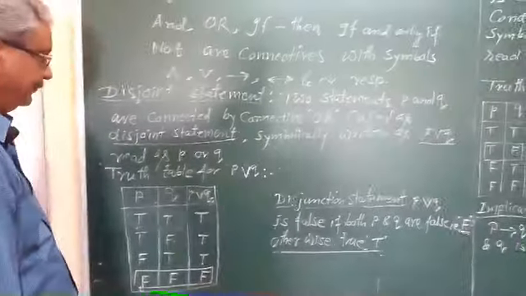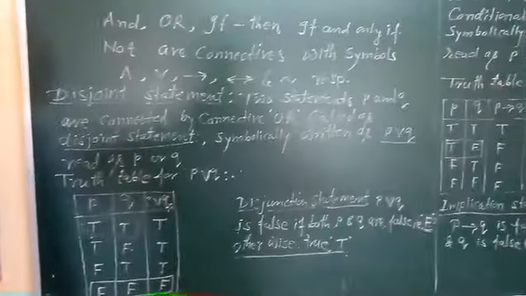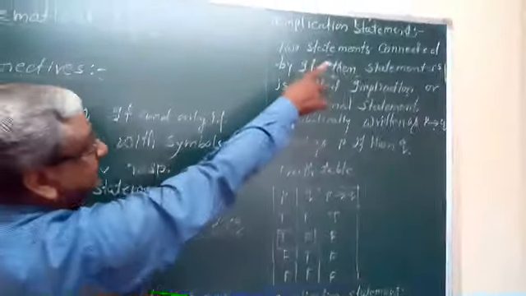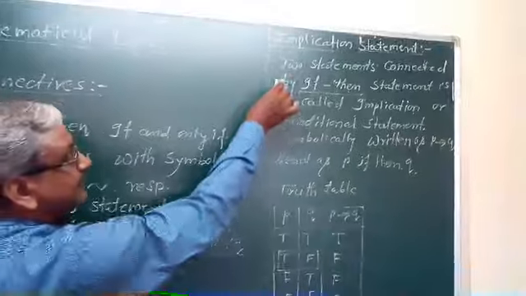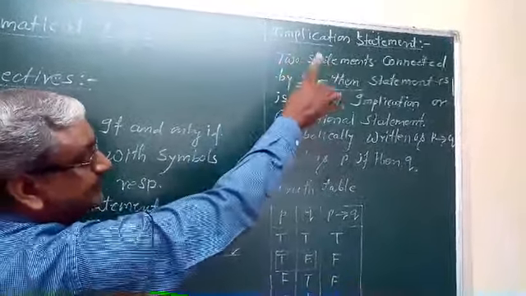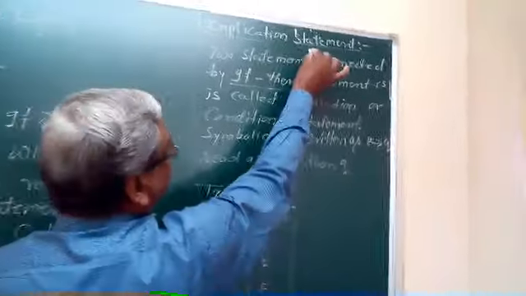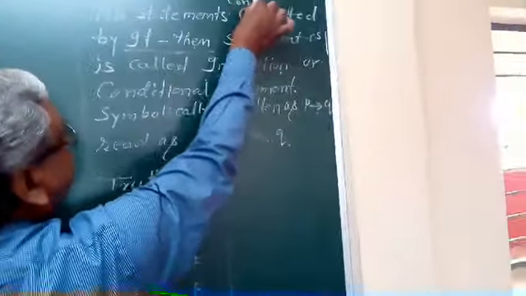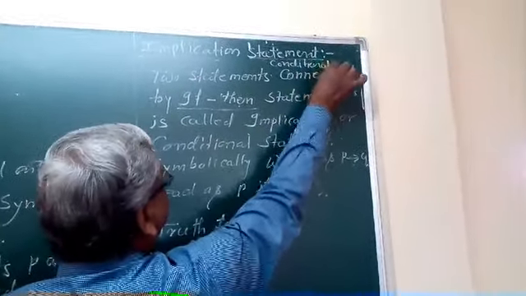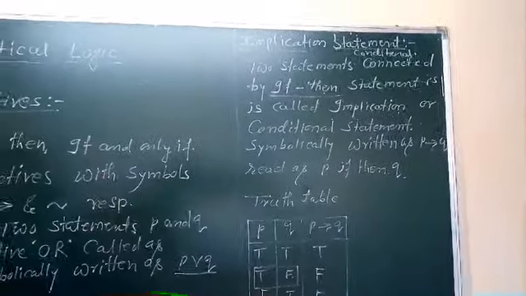Now we come to the next connective, that is implication. Here we see the implication statement. Again we define the statement. Implication statement is also called the conditional statement. Conditional statement is also called the implication statement.